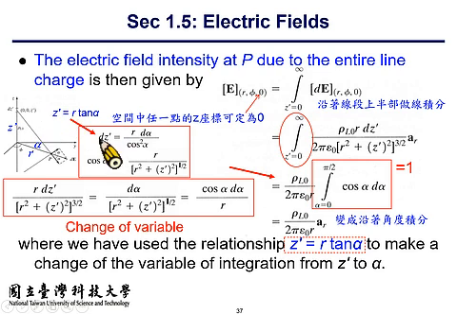So dz prime can be replaced with this, which is equivalent to taking the differential of r tangent alpha, that is r d alpha over cosine squared of alpha. And cosine alpha can be represented with this, all right? So you need to go by the slides step by step at home, okay?